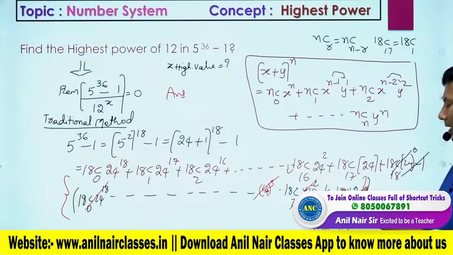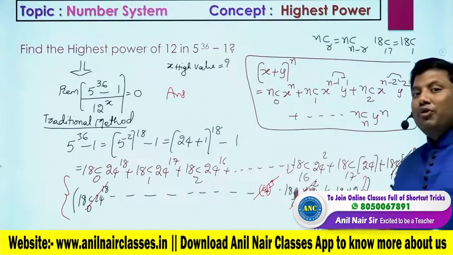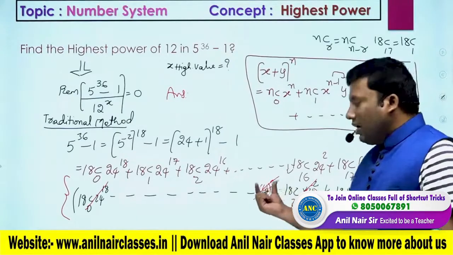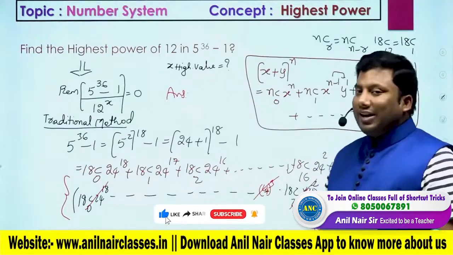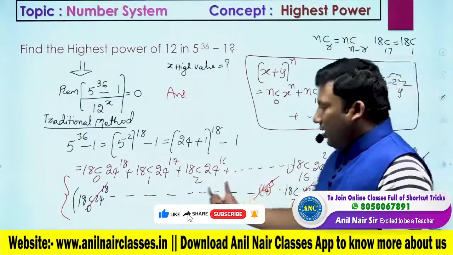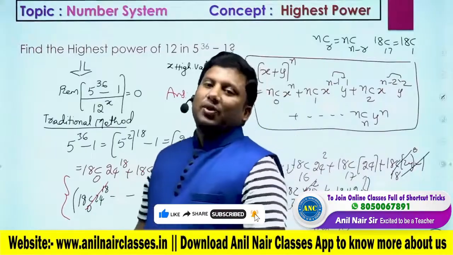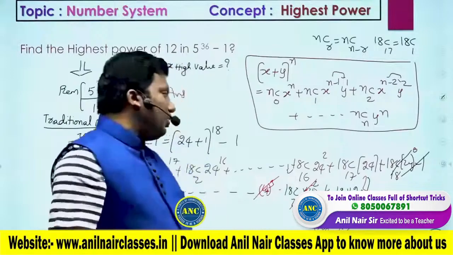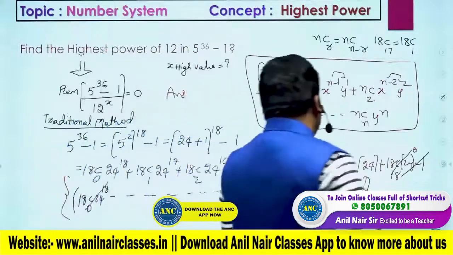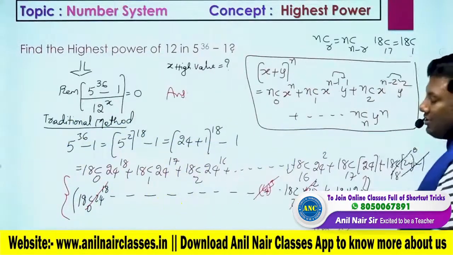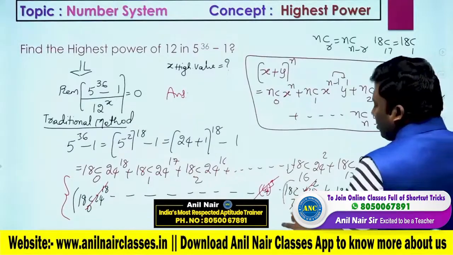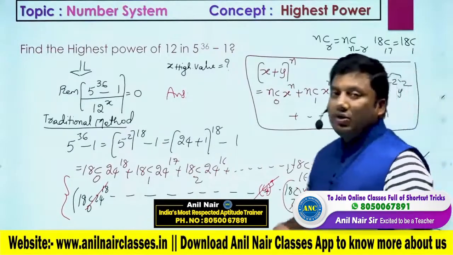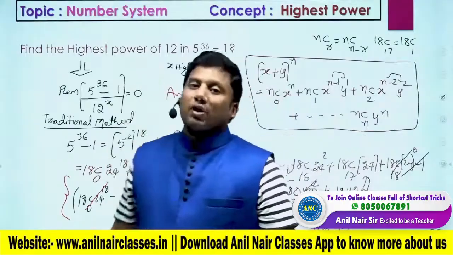These are divisible by 12 square. 24 square contains 12 square. 24 cube contains 12 square. 24 power 18, 12 into 2 power 18, can be written as 12 square into something. Now if you see here, everything is divisible by 12 square. 18C2, I will get nC2 is n into n minus 1 by 2.